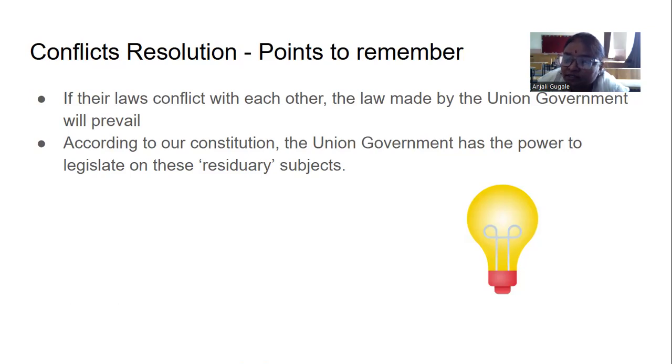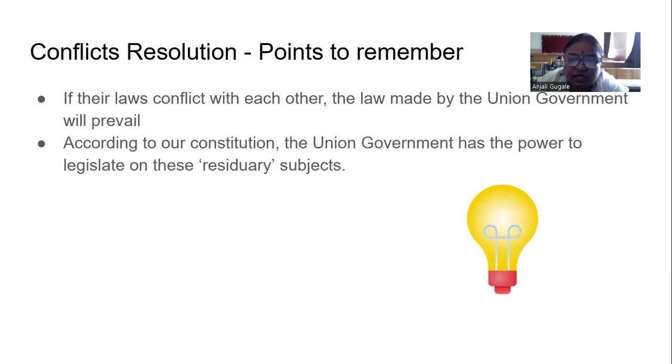If they are not satisfied, the matter can be taken to the Supreme Court, which is in the capital of India. That's the final court that we have. So conflict resolution can go up to the central government, but finally, if there is a bigger conflict, the law made by the union government will prevail. Please make a note of this point.